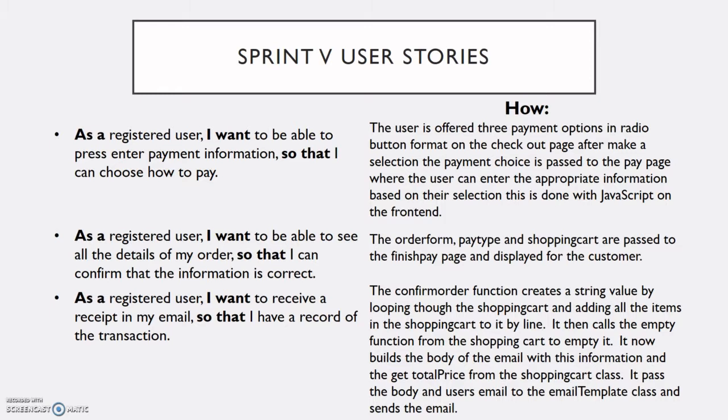It calls the empty function from the shopping cart to empty it and then builds the body of the email with this information and the get price total function found in the shopping cart class. It passes the body and user's email to the email template class and sends the email to the customer.